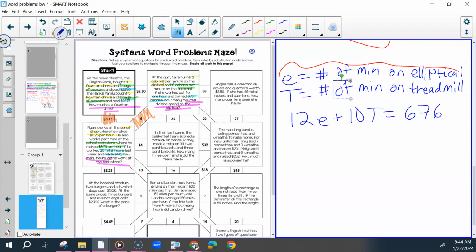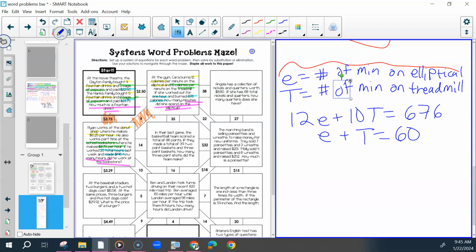Because this is number of calories, so number of calories go together. How would we set up the other one? Not quite. So our variables are measured in minutes. Oh, 60. So 60. That would be something you would have to kind of know. It wouldn't tell you to do that.